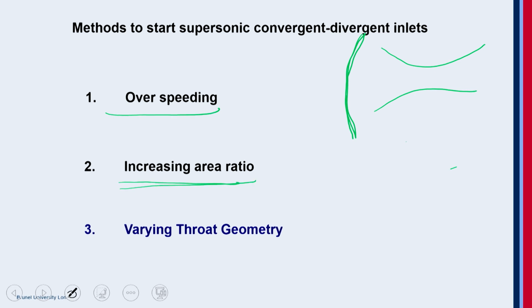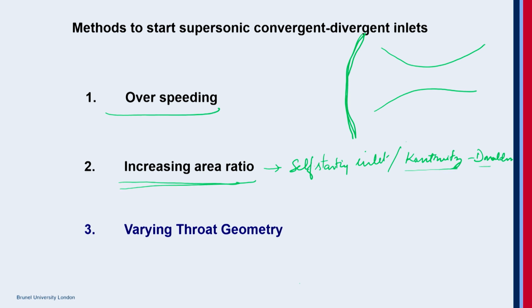increasing the area ratio. These are called self-starting inlets, or also Kantrowitz-Donaldson inlets. Two people working in different places came up with the same idea, Kantrowitz and Donaldson.